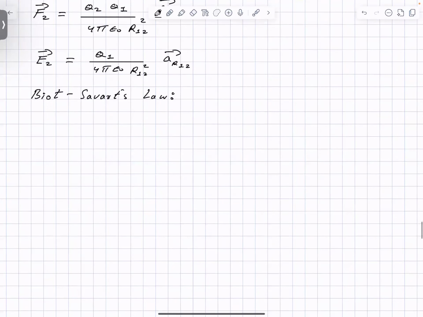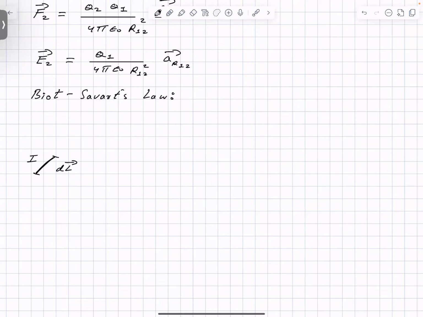So imagine a very small incremental length conductor. Let's say its length is dl, and it is carrying current I. Any current carrying conductor will have a magnetic field around it. The current that we are talking about right now is a direct current.